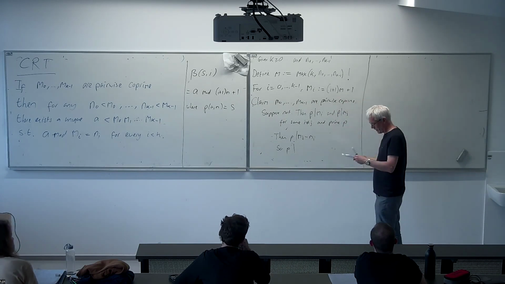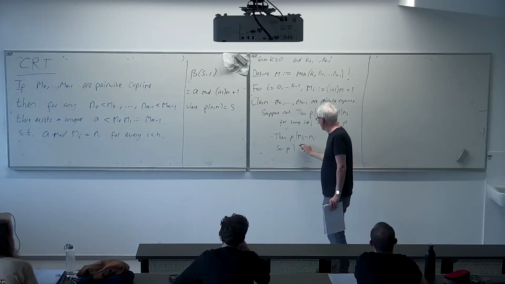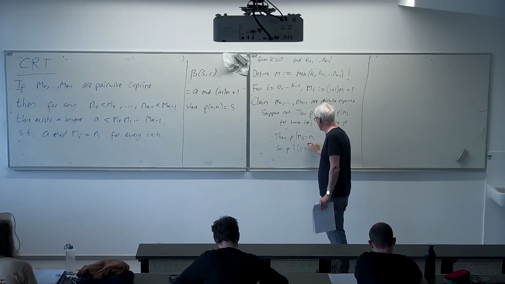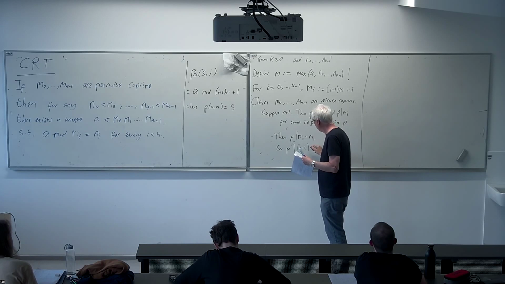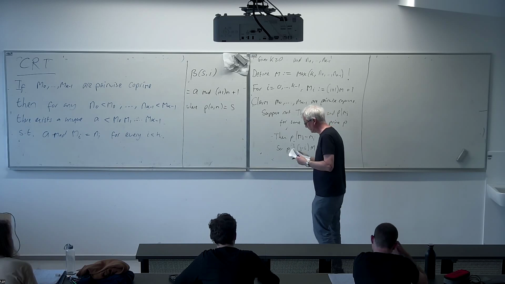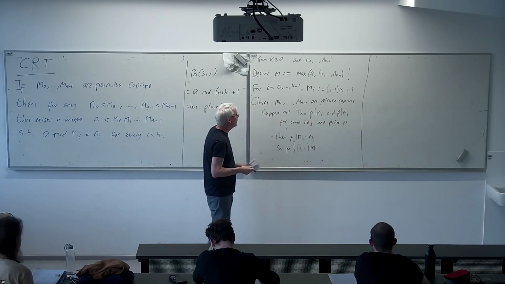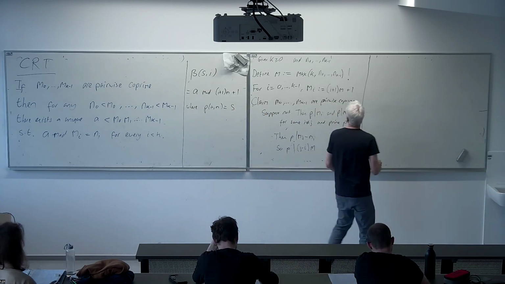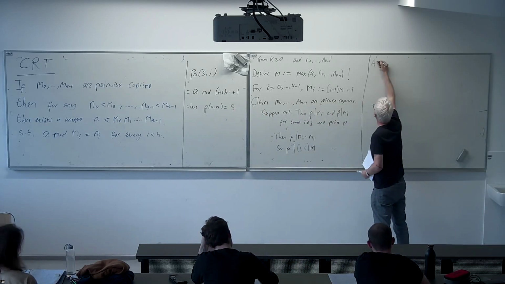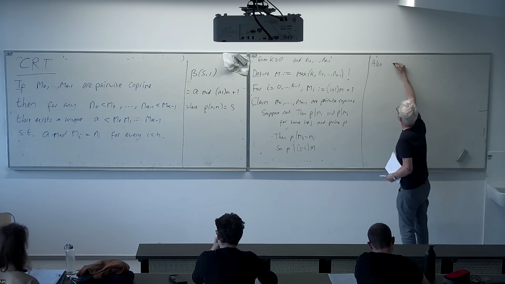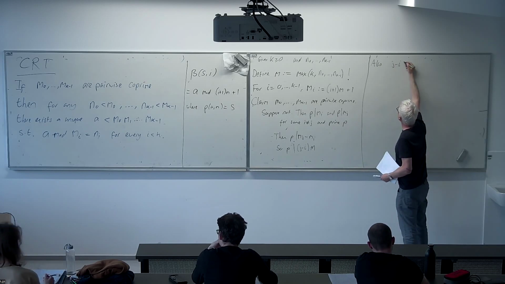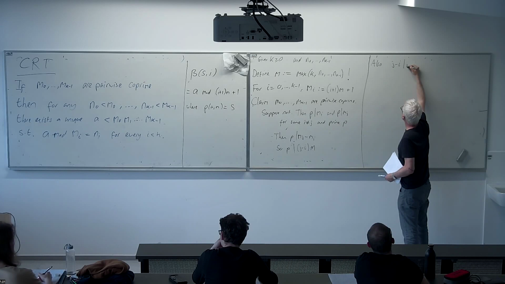If you work that out, you get that p divides j minus i times m. But j minus i itself divides m.